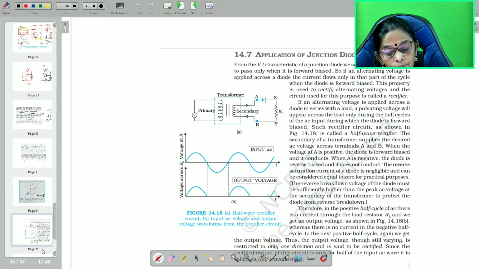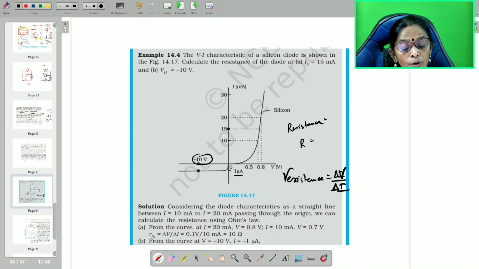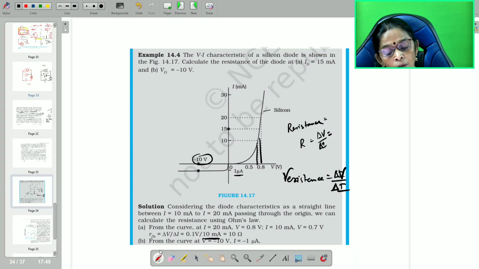to minus 1 microamp. But in the forward bias, there is a change in the voltage. So the forward bias dynamic resistance R is equal to delta V divided by delta I. You can see here delta V is 0.1 volt and delta I is 10 milliamps, from 10 to 20.